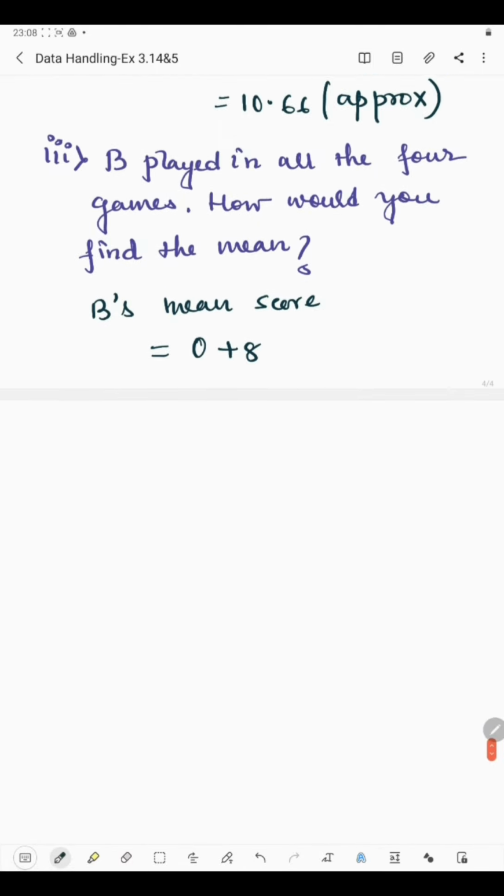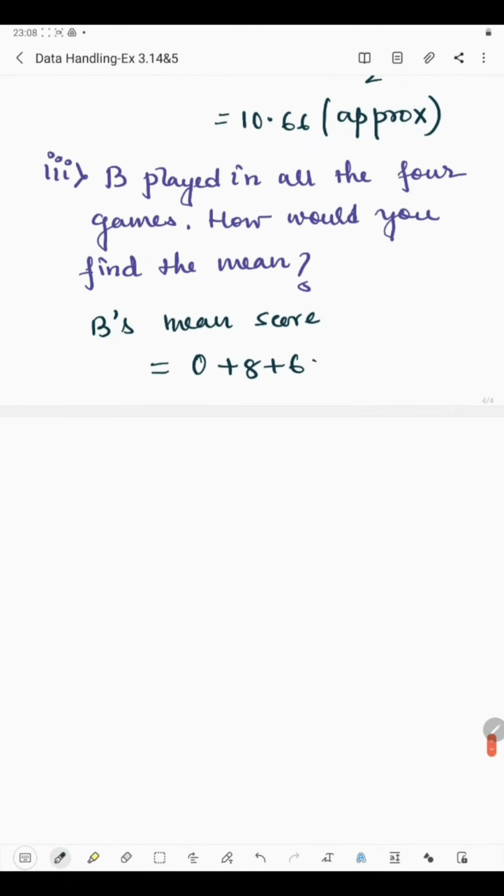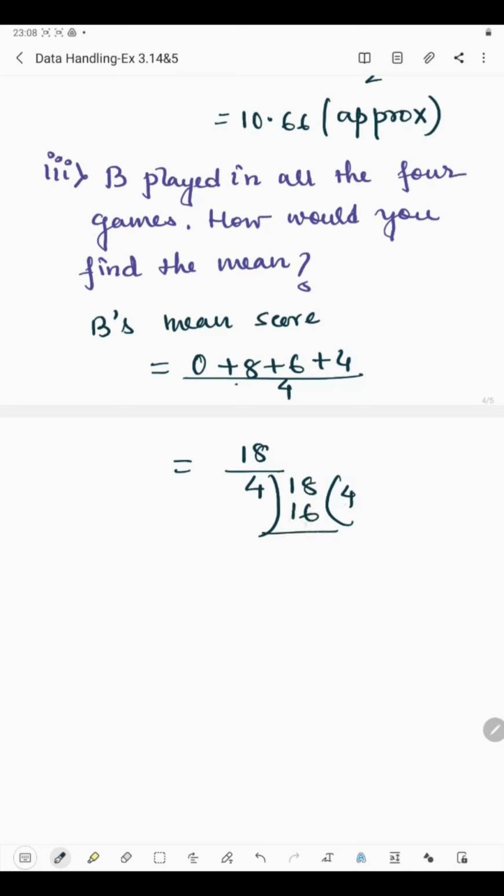So it's 0 plus 8 plus 6 plus 4, divided by 4. 8 plus 6 is 14, 14 plus 4 is 18, by 4. Now if you divide this, 4 fours are 16, 18 minus 16 is 2. Take the decimal, so 0 will come, so 4 fives are 20. So B's mean score is 4.5.